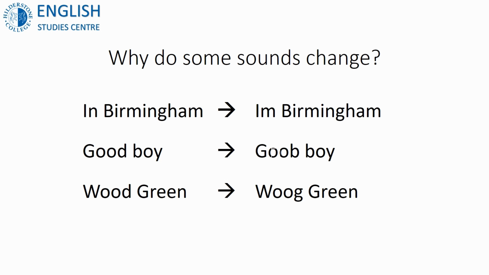And we think it's quite a lot of work to change from an n sound from "in" to a B sound for Birmingham. So what we do is we make the n sound an m sound, because that's also a sound which uses both lips, and so our mouth is in the right position already to say Birmingham. So, in fact, what we say is "im Birmingham".